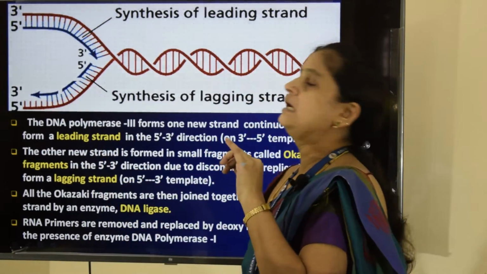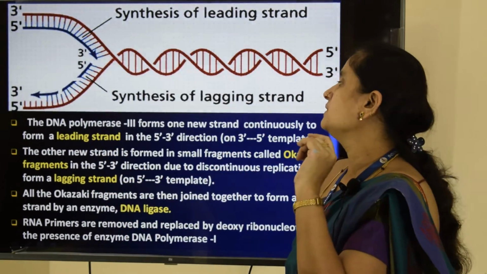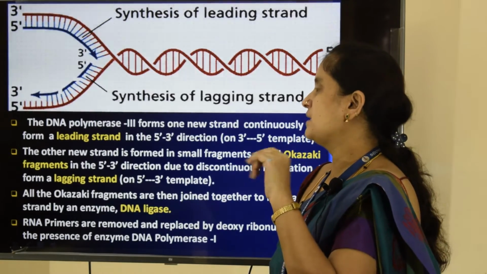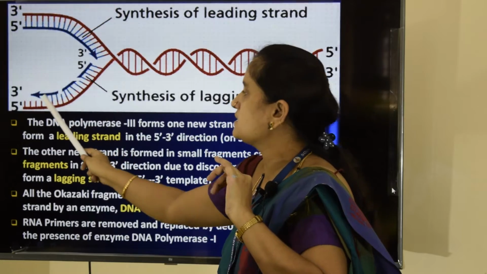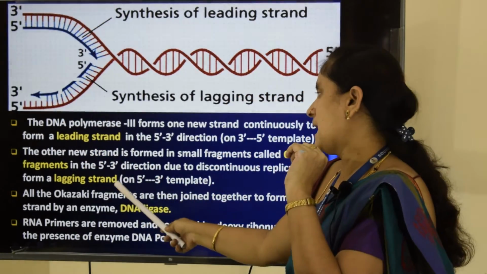Those fragments, as I mentioned already in the diagram, are called Okazaki fragments, and such a new strand synthesized discontinuously is called the lagging strand.